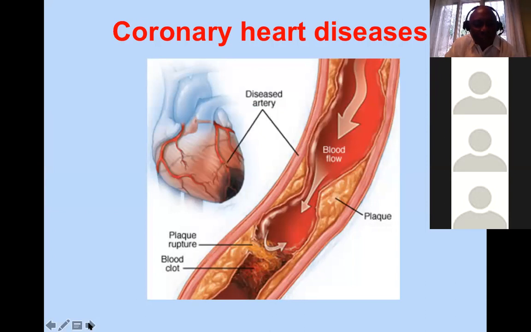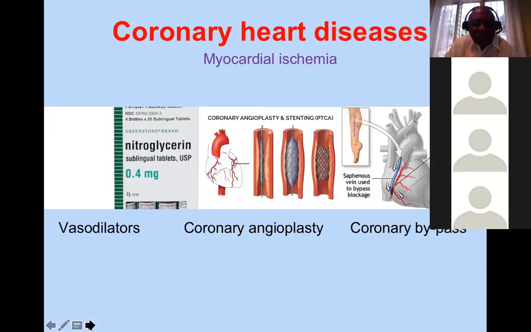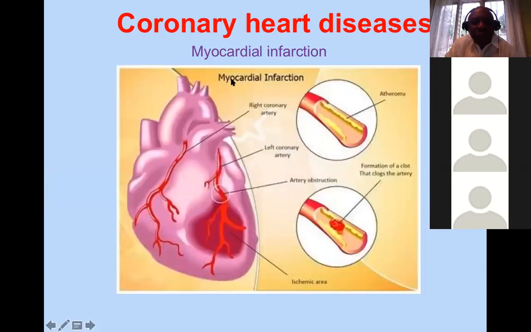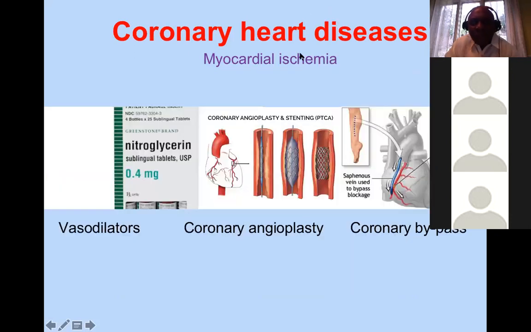In that case, it leads to this problem, myocardial infarction. Myocardial infarction is what we call a heart attack. So again, I want to emphasize, myocardial ischemia is a warning of the pending myocardial infarction.